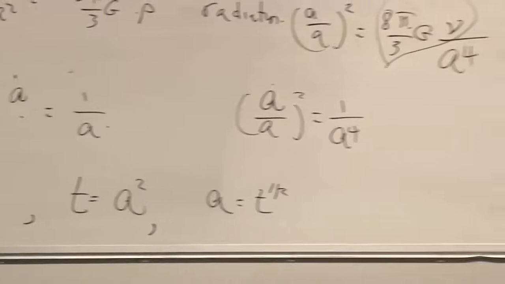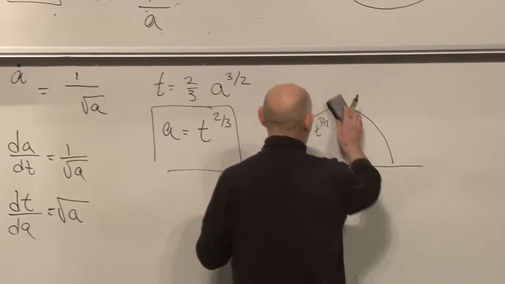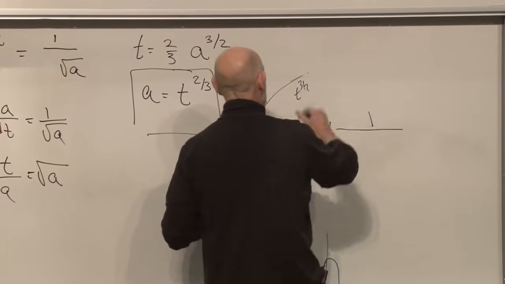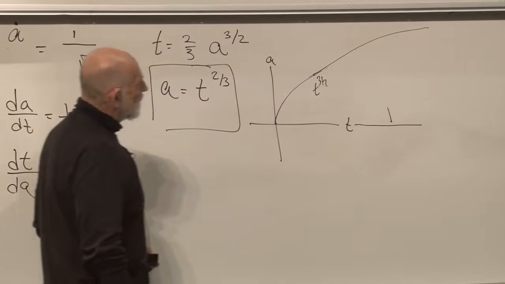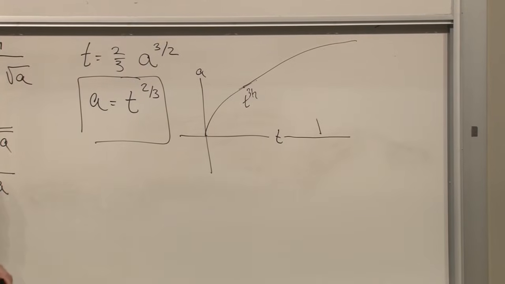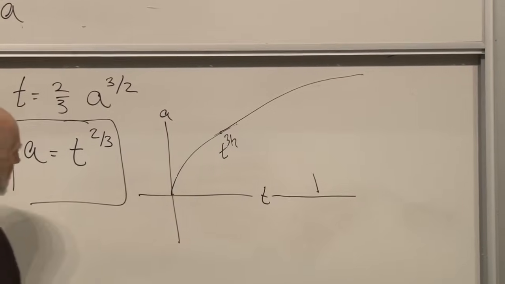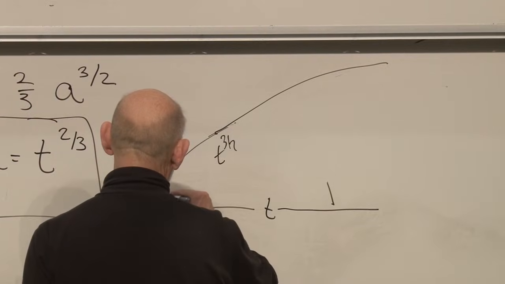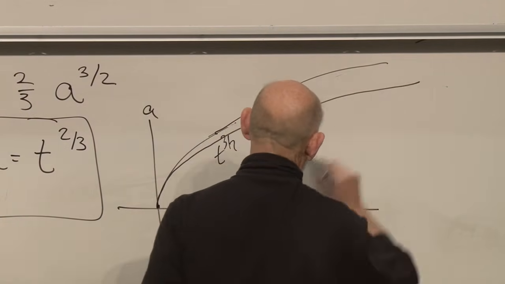Well, I'm not much of an artist, and I can't really draw the difference between t to the 2/3 and t to the 1/2. There's t to the 2/3. t to the 1/2 is a little bit smaller, huh? Doesn't grow as fast. But it looks pretty similar, and does pretty much the same thing.